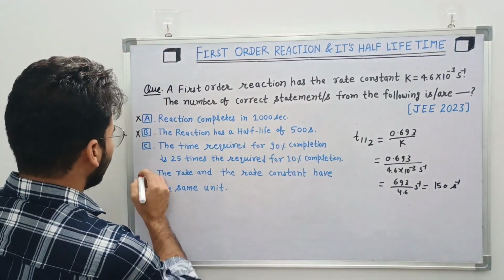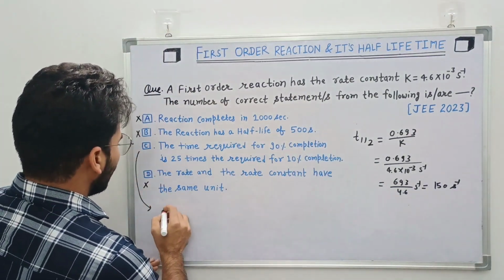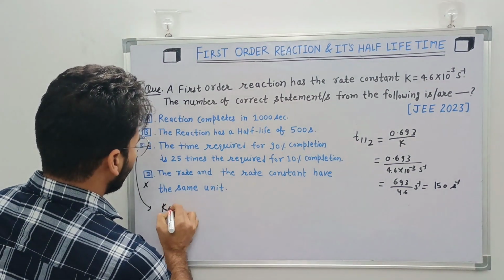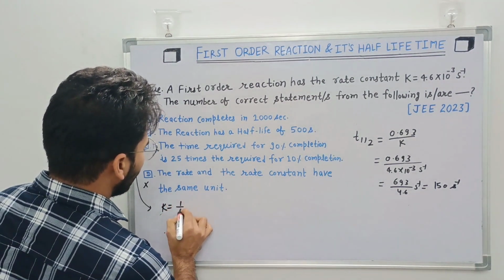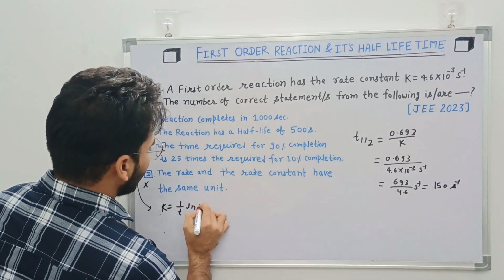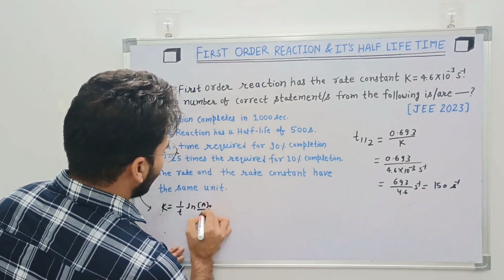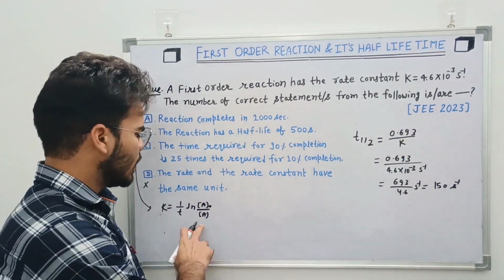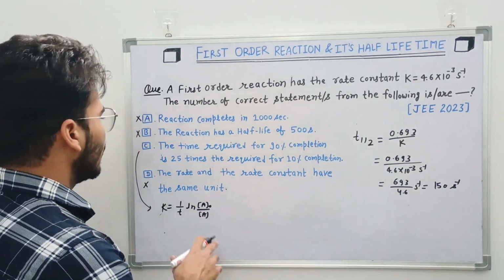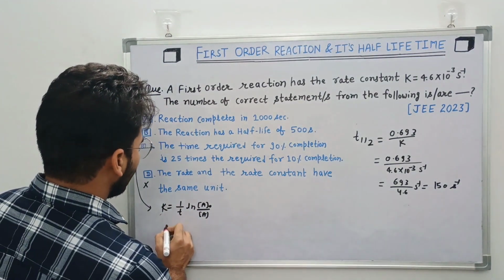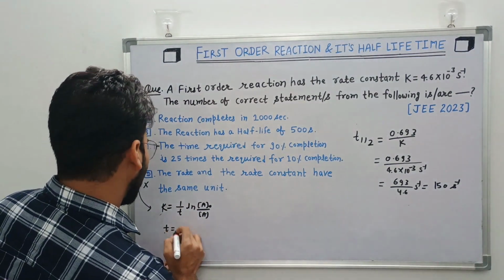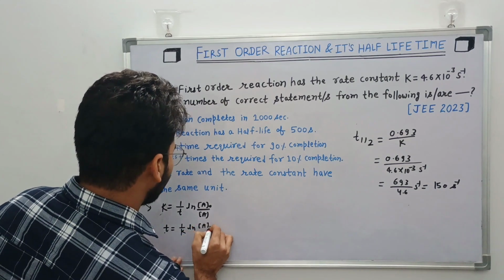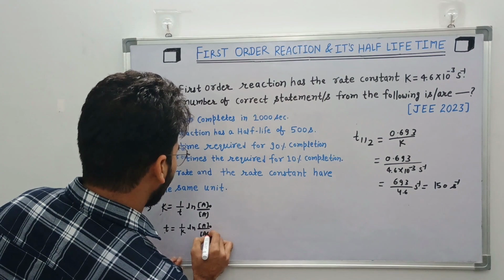As we have learned, the rate constant expression for a first order reaction is K is equal to 1 upon T ln A0 upon A. Here A0 is the initial concentration of reactant and A is the final concentration. We can write this as T is equal to 1 upon K ln A0 upon A.